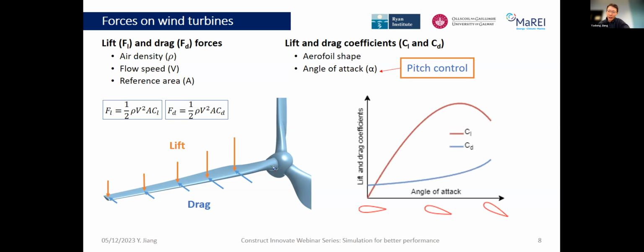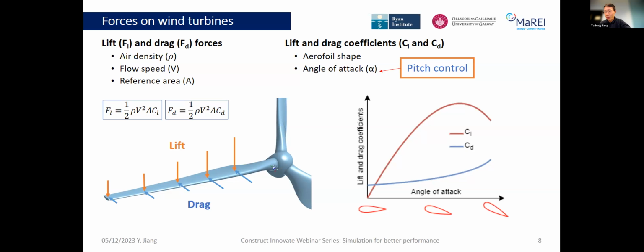So you can see for different angles of attack, you can have different lift and drag coefficients. That means you can control the angle of this blade so that you can increase the lift and drag coefficients, and you can capture more energy, which makes the wind turbine more efficient.